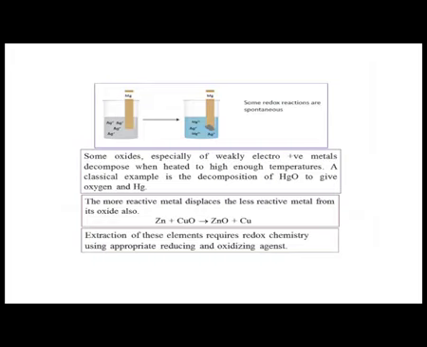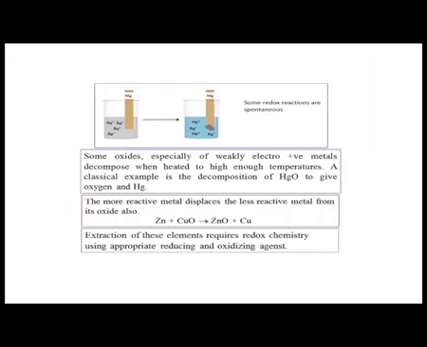So, the heating of HgO is the simple heating of HgO itself, but we can also use some reactive metal. The reactive metal like zinc is used with cupric oxide, and in this particular case we state that the more reactive metal displaces the less reactive metal from its oxide also.